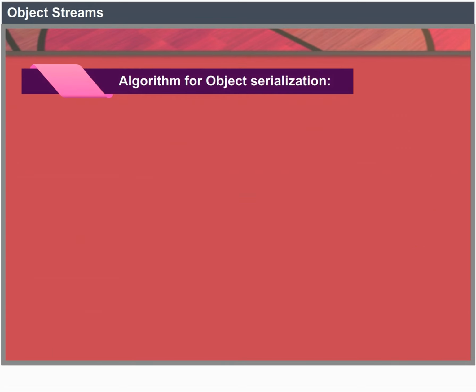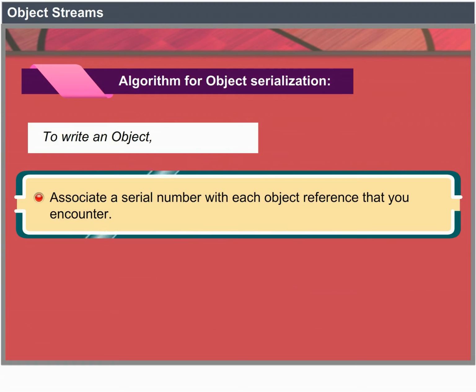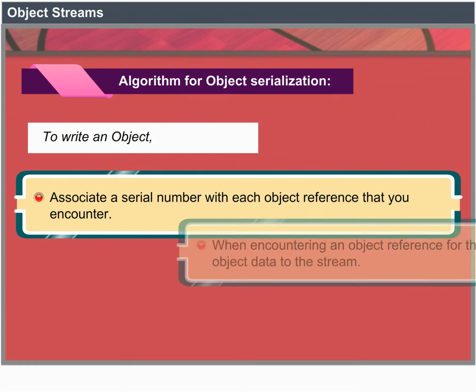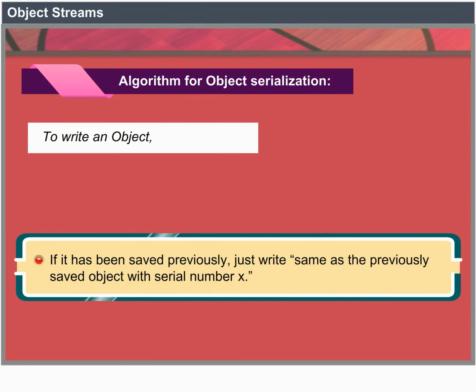Algorithm for object serialization. To write an object, associate a serial number with each object reference that you encounter. When encountering an object reference for the first time, save the object data to the stream. If it has been saved previously, just write "same as the previously saved object with serial number X".